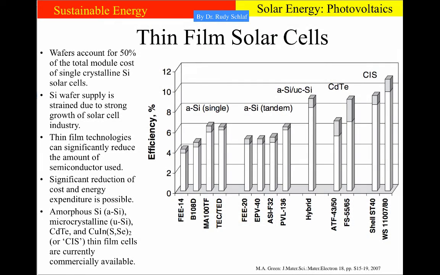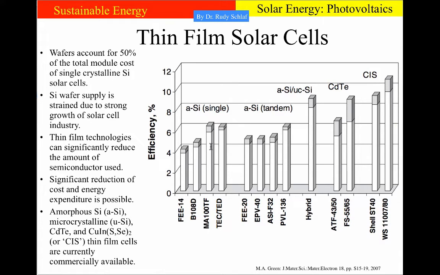So far we only talked about single crystalline silicon solar cells. We know now that it costs a lot of energy to manufacture them, and it's also not a very streamlined manufacturing process because each of the wafers needs to be handled individually and then assembled into a panel and so forth. Thin film solar cells are a more recently developed variant of solar cells. There are many materials that are currently being investigated.